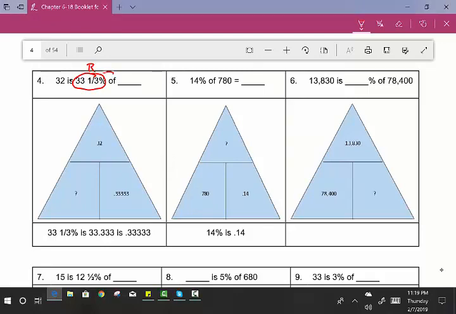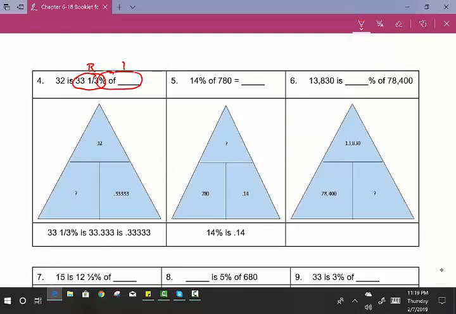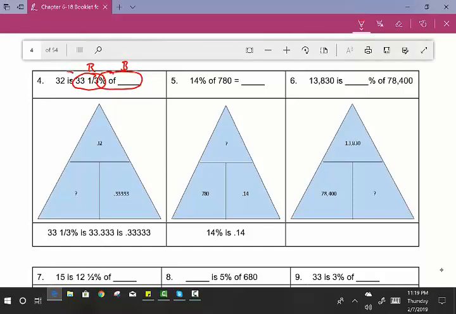The number that usually follows percent of is what you're comparing something to. That's your base. The number associated with is or equal is your part. So in this case, we're solving for the base. And the base is equal to the part divided by the rate. Okay, so that's 32 divided by the rate.